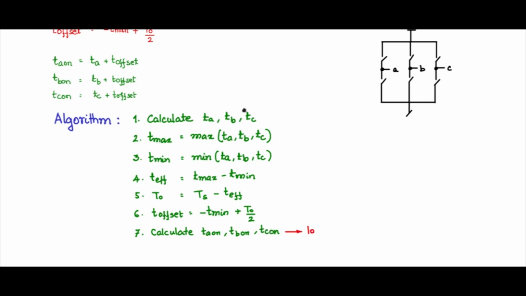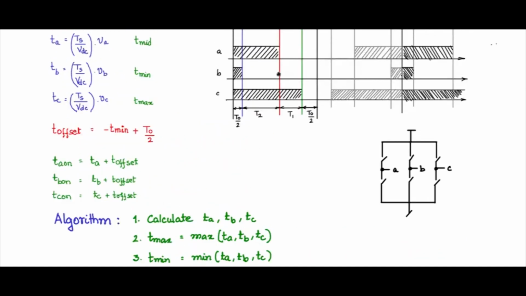Then use those to load the 3 compare registers of the timer, which will count and compare, and then make the 3 digital ports go high or low depending upon the values. In this way you can generate this kind of a 3-phase PWM waveform.